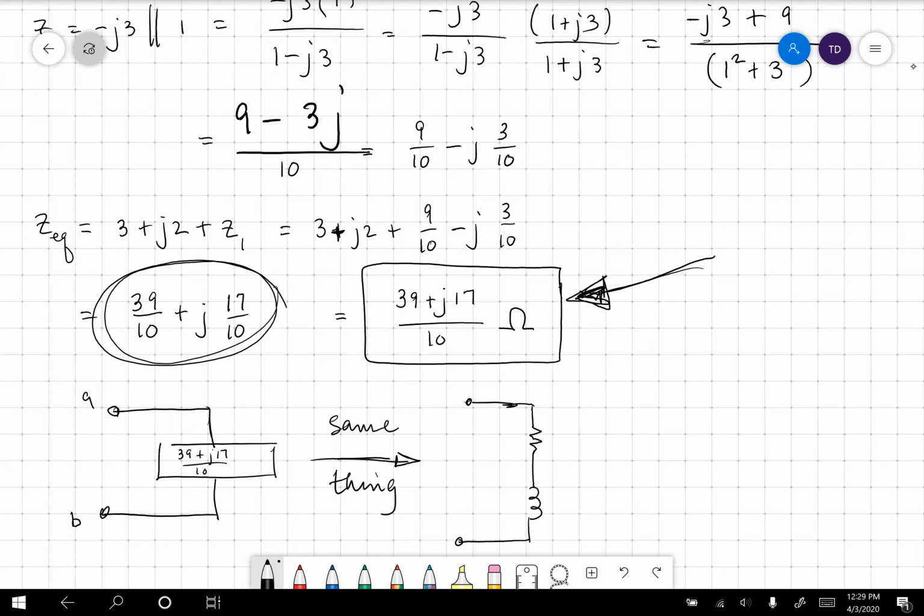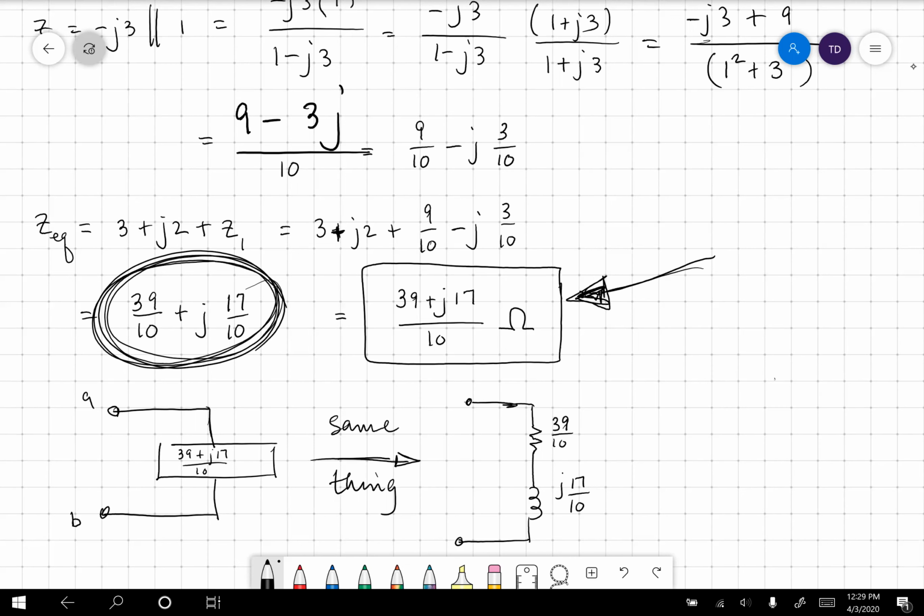And I could write this as 39/10 and this as J 17/10. They're in series, they add. That's what that says right there. How did I know it was an inductor and not a capacitor? Because the J was positive.